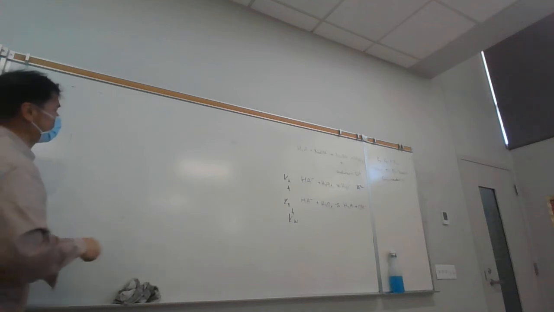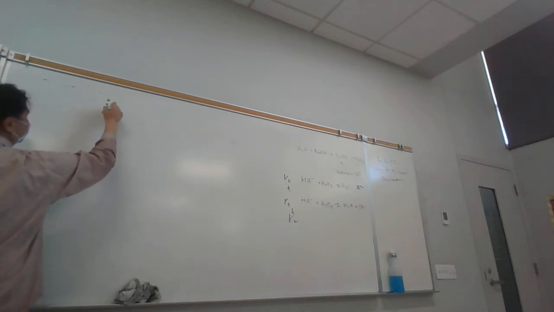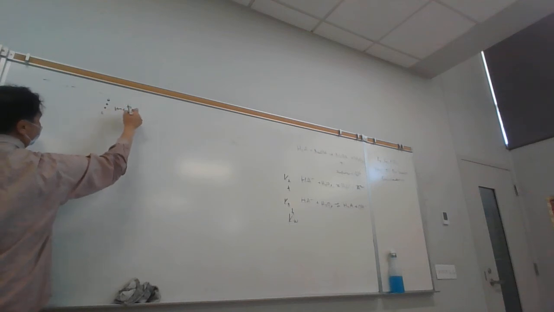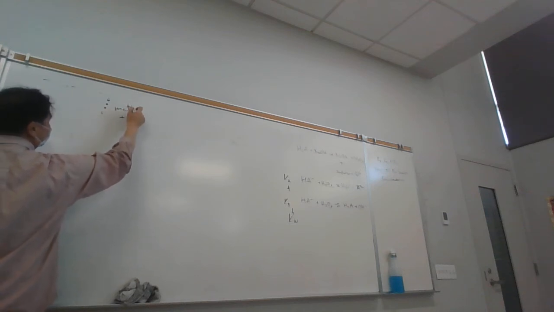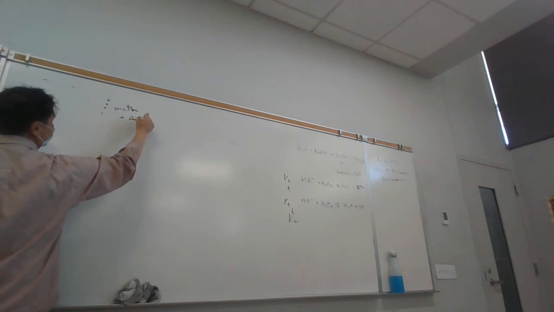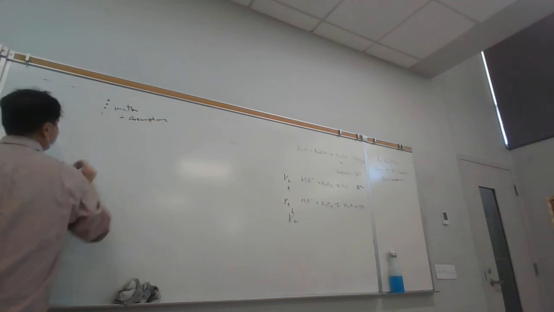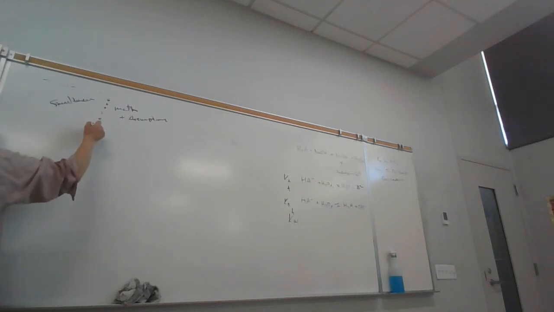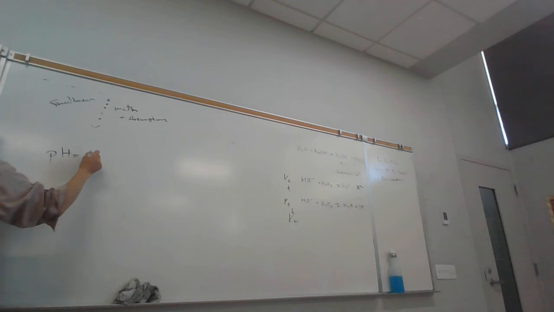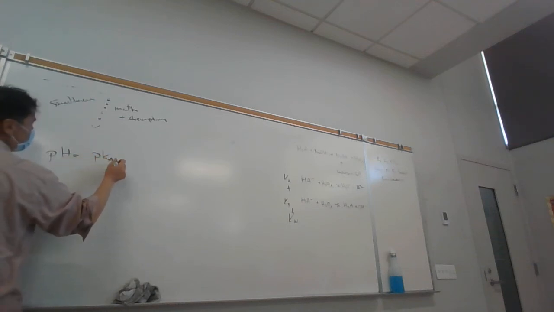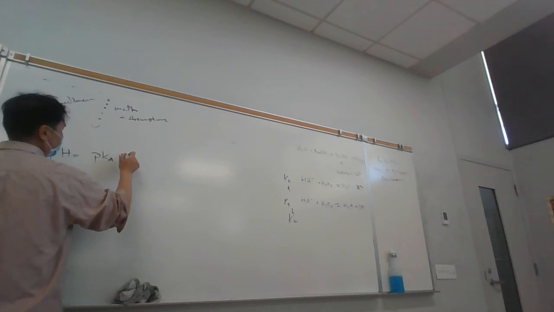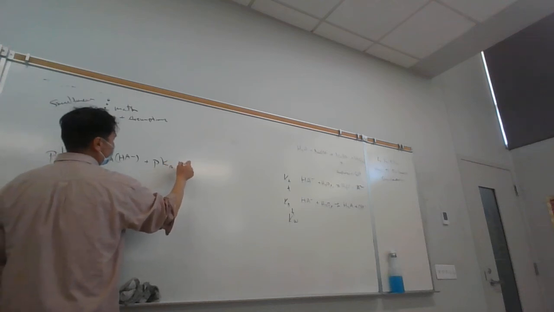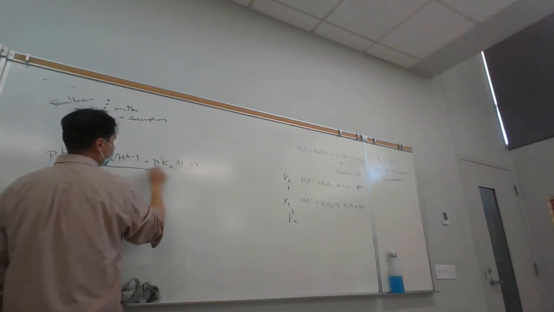What we can do is go through the math, and use some assumptions. This is simultaneous, and we can come up with a very simple equation. What this simplifies to is that the pH is equal to the pKa for the amphoteric salt plus the pKa for the conjugate acid in the amphoteric, divided by 2.